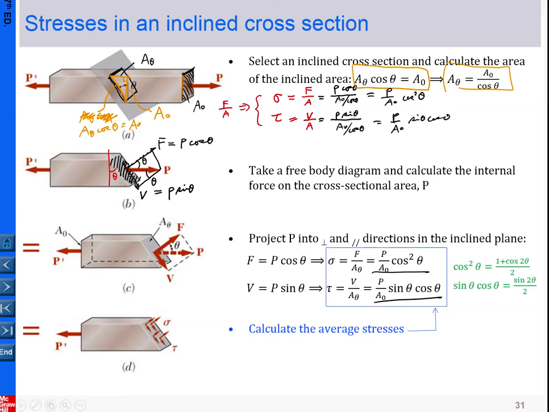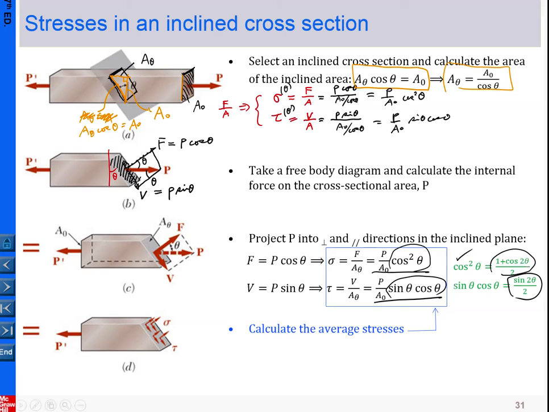Furthermore, using this formula, we can further simplify this one in terms of this function, and this one can be simplified by this function. Basically, the stress is a function of theta, and that can be related by this one.